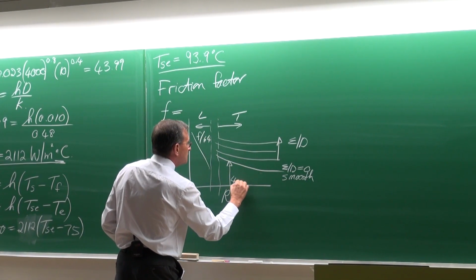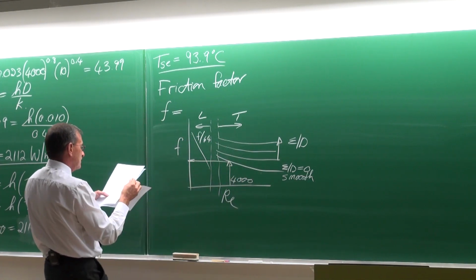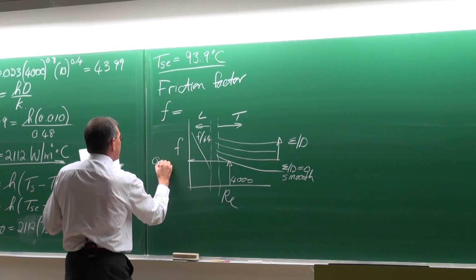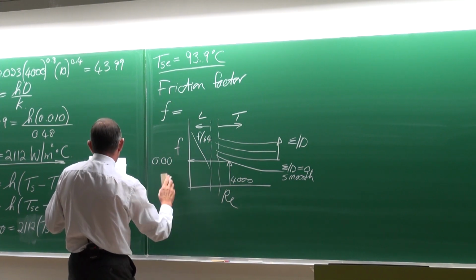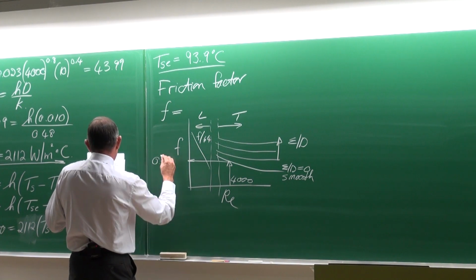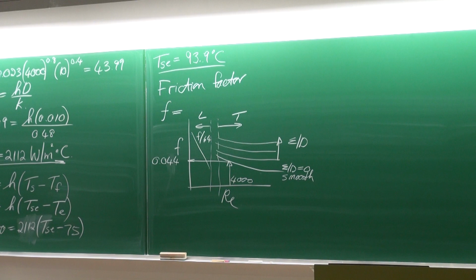At a Reynolds number of 4,000, you can go and look up the friction factor, and the friction factor is going to be 0.0044. That is what I would do.